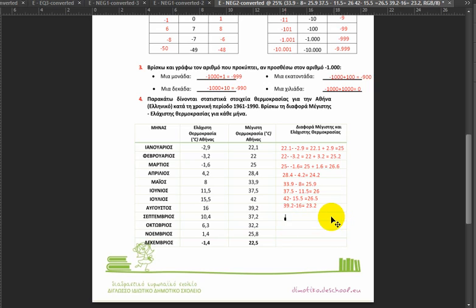Next, we want to do 37.2 minus 10.4. What we get out of that, sorry, not 30, 26.8.